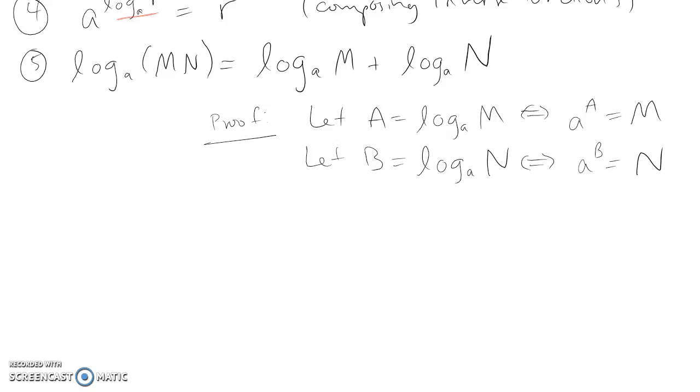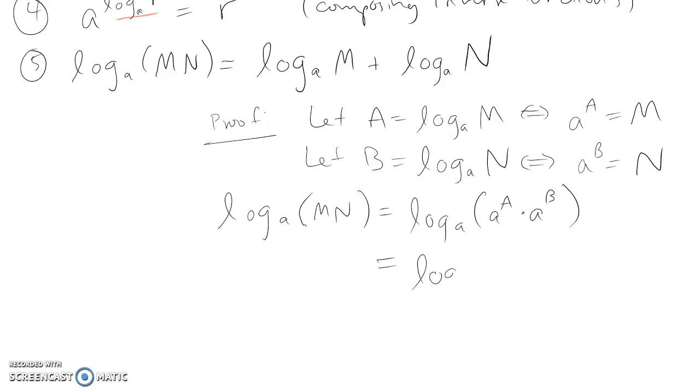Now let's take a look at what we're starting with. We know that log base a of m times n is the same thing as log base a of a to the A times a to the B. We're just substituting in. By laws of exponents, if you multiply the same base raised to exponents, you add the exponents.